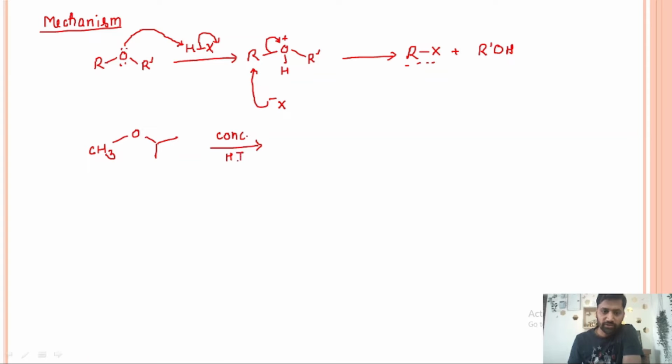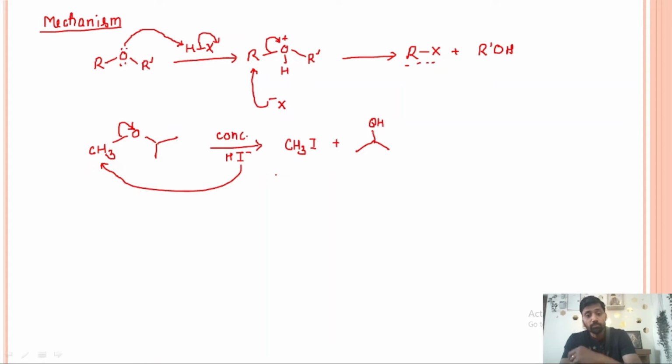In this case, iodide will attack the methyl carbon and the other part will leave in the form of alcohol. So you will get the product CH3I, that is methyl iodide, along with the formation of isopropyl alcohol. This is the complete mechanism and the formation of product in ether compounds.